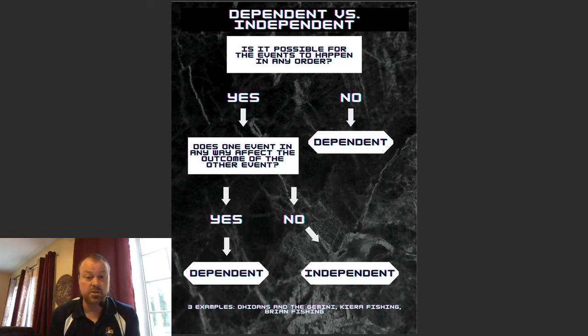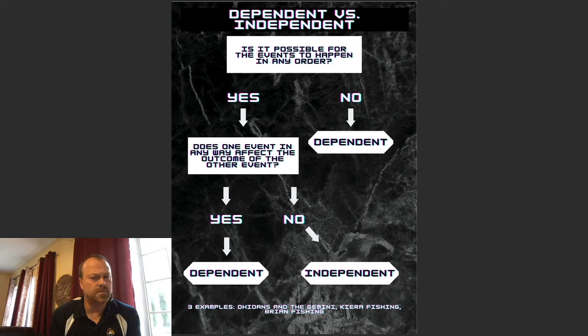So if Bryan catches a perch and he throws it in his bucket, and there were 1,000 perch to start with at the beginning of the day, now there's only 999 perch, but there are 1,000 bluegill. So somehow we've changed the ratio of perch to bluegill in the lake. So it does affect the outcome of the next event.